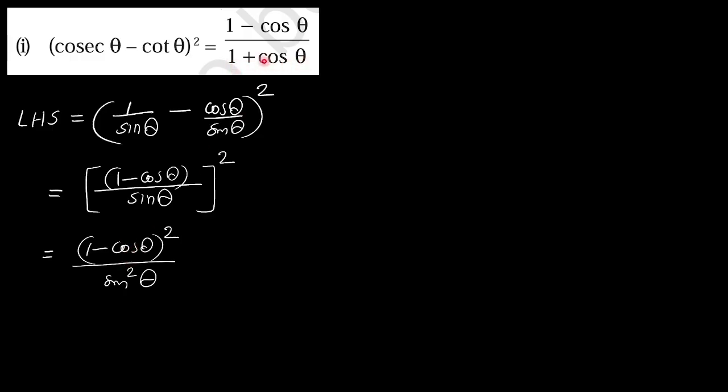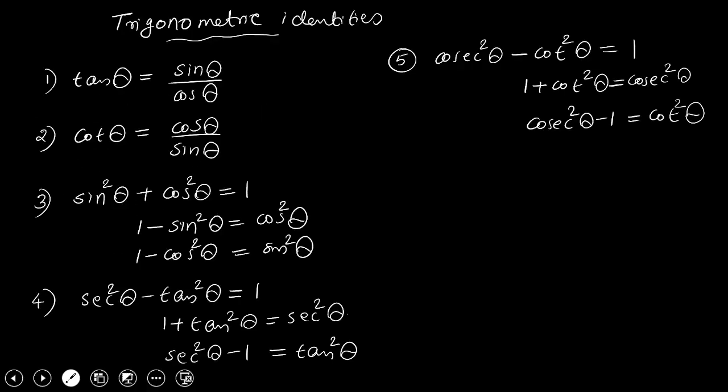Ultimately I want the answer in this form. And remember, when you learn an identity, all of you please listen, you have to understand it in both directions. Both directions means 1 minus sin square is cos square, and also cos square is 1 minus sin square.